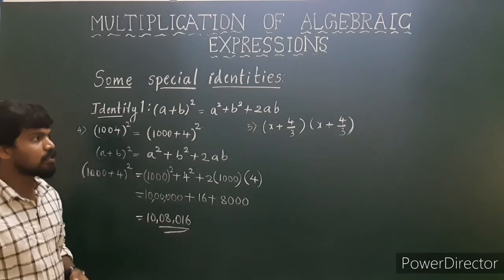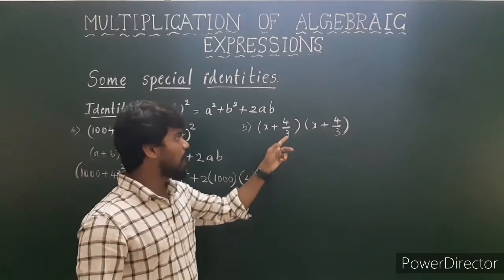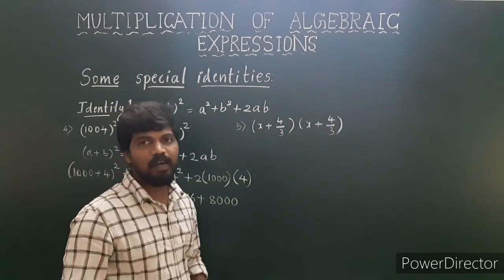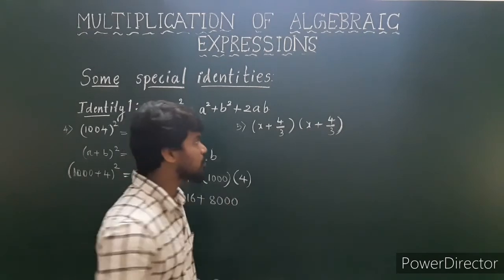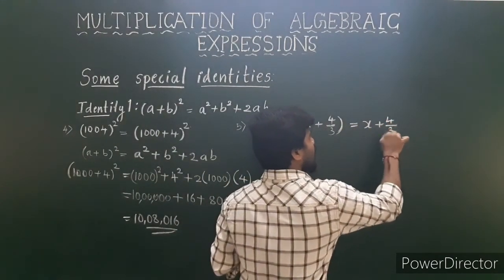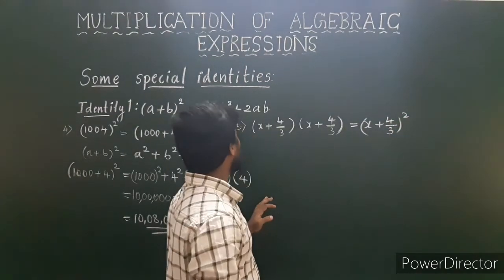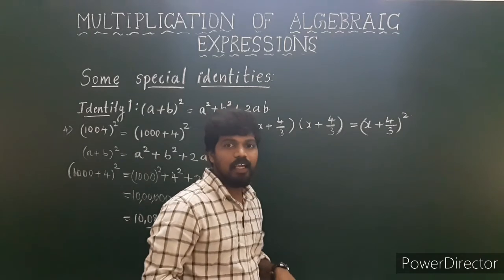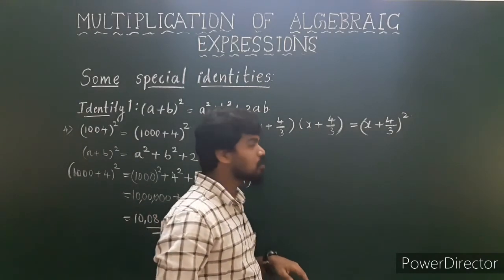Next problem: (x plus 4 by 3) into (x plus 4 by 3). These are both the same algebraic expressions, so it is (x plus 4 by 3) whole square. Find the value using the algebraic identity (a plus b) whole square is equal to a square plus b square plus 2ab.